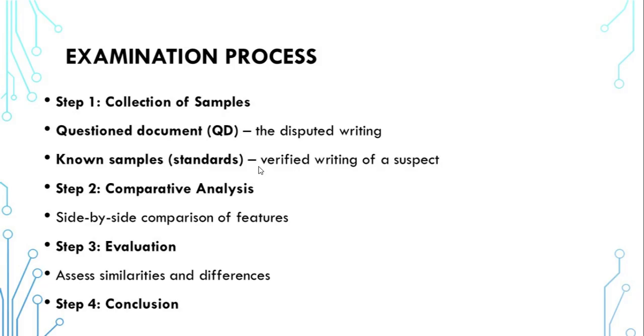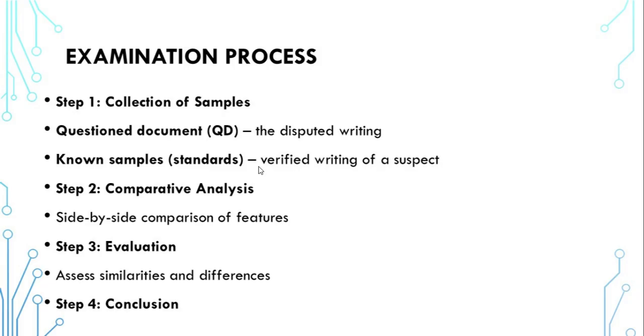The second conclusion is elimination, different writers. The third conclusion is inconclusive, that is, the work you have done is not good enough, because of certain reasons, for us to reach a conclusion of identification or elimination.